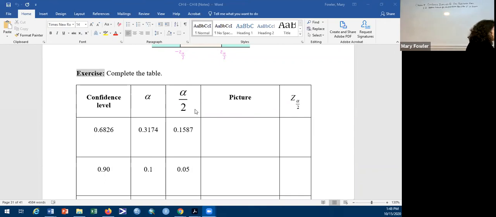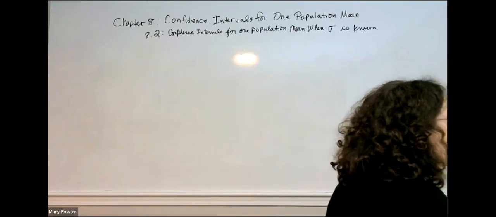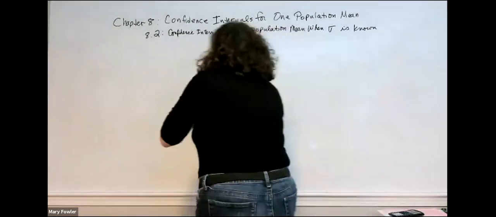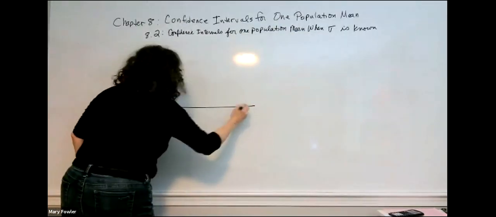Okay, so if I want a confidence level for a given value, I'm going to go ahead and draw the picture of the 68.26 confidence level. It's a picture we're getting pretty good at.